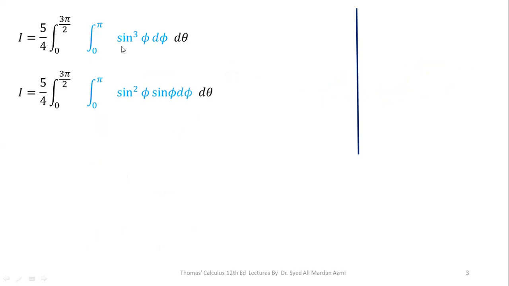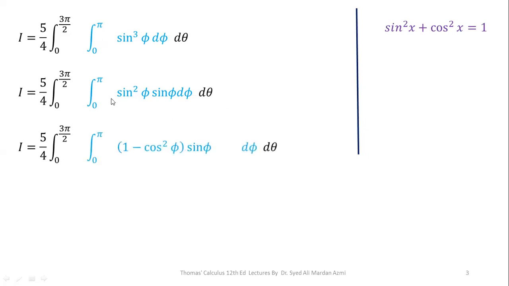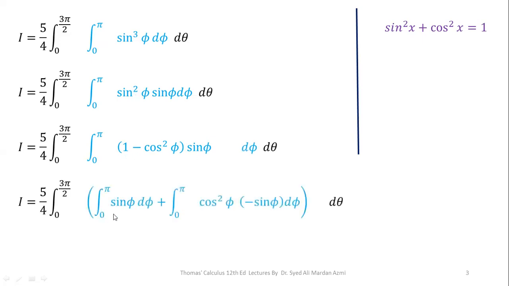For this purpose, we can split sine cube into sine square into sine, and then we can replace sine square with the help of this identity as 1 minus cos square. So we have replaced sine square with 1 minus cos square into sine of phi. Then, in the next step, we will multiply sine phi with each term. So we have integral limit from 0 to pi sine phi plus integral from 0 to pi cos square of phi into minus sine of phi.